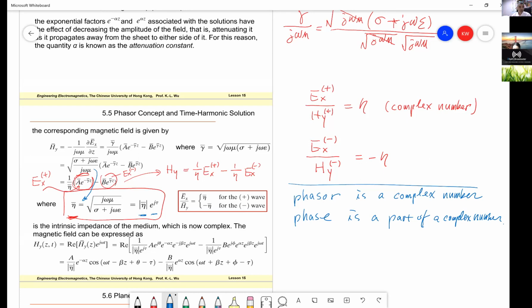Does that make sense? Say, for example, we have an exponential number, and I have another exponential number, and theta is a real number. Can you tell me what is the difference?